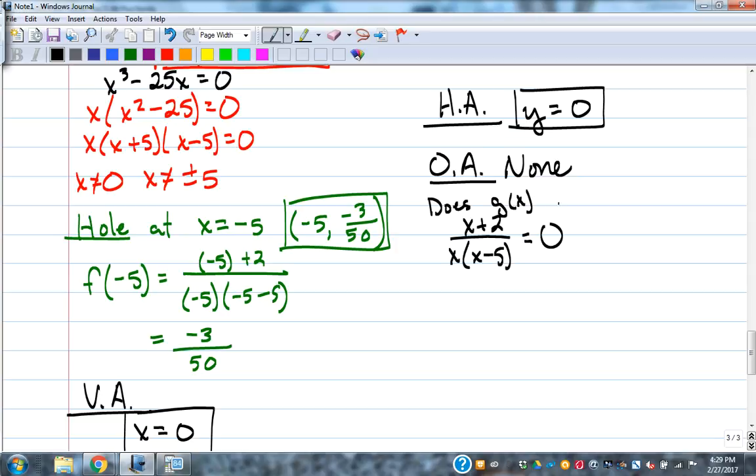Does g of x cross y equals 0? We're going to get two birds with one stone when we do this, because we get x equals -2, so that's a yes. And when we set the whole problem equal to 0, what else are we finding?